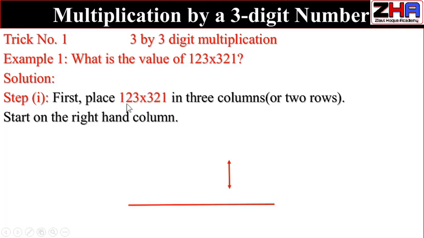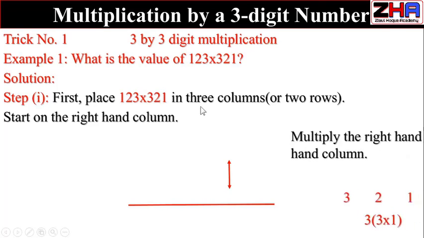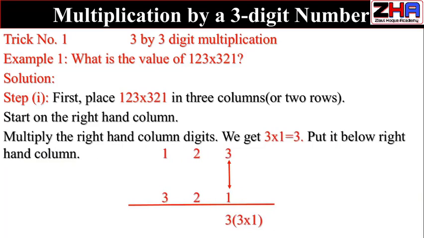First, place 123 into 321 in 3 columns and 2 rows, as 1 2 3 and second row 3 2 1.